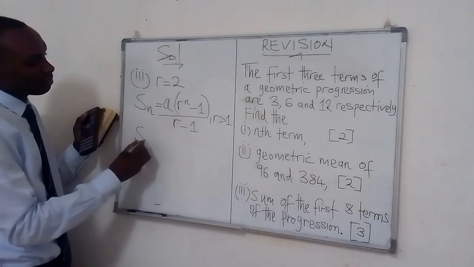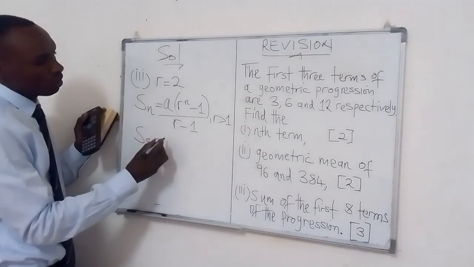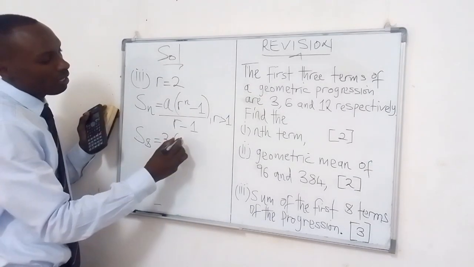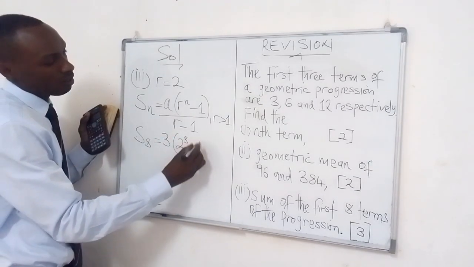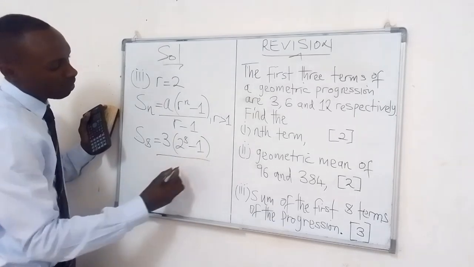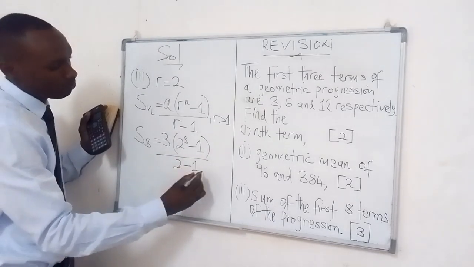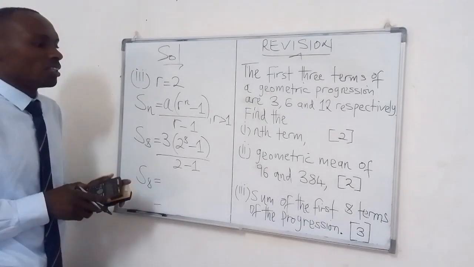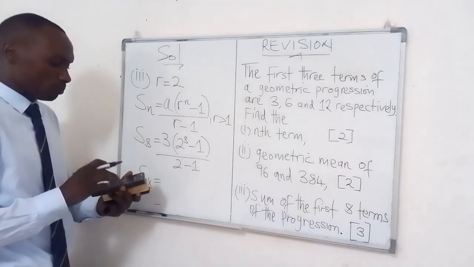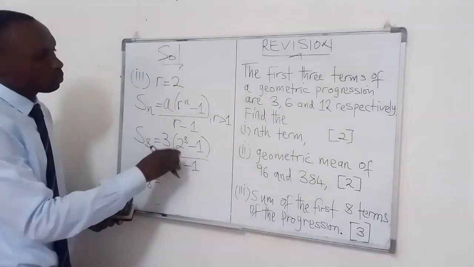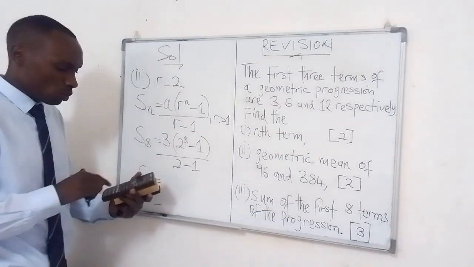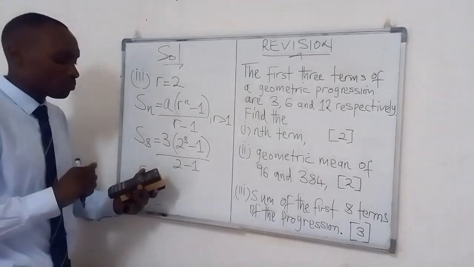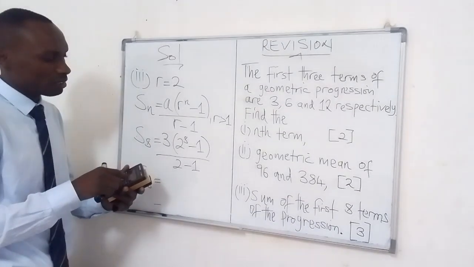So S8 is equal to 3, open bracket, 2 power 8, minus 1, close bracket, over 2 minus 1. We'll start with working out 2 to the power 8, which gives us 256.